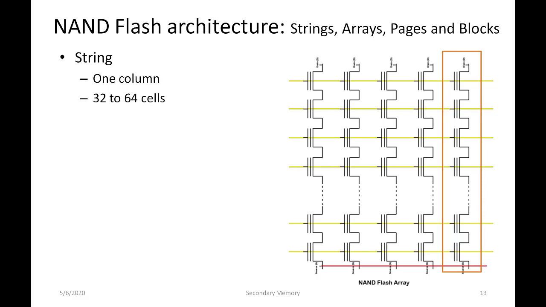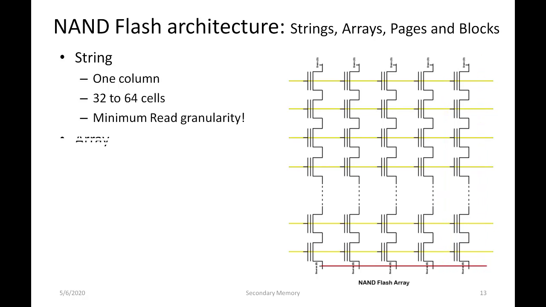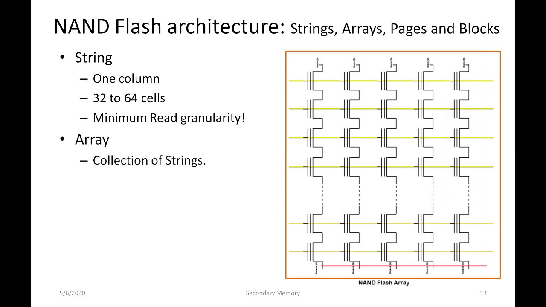It means that a string will have 4 to 8 bytes of data, and a string is the minimum read granularity when we are trying to access a NAND flash. An array is just a collection of strings.